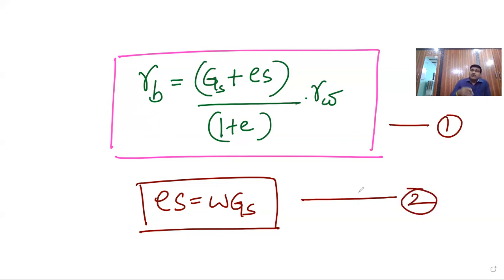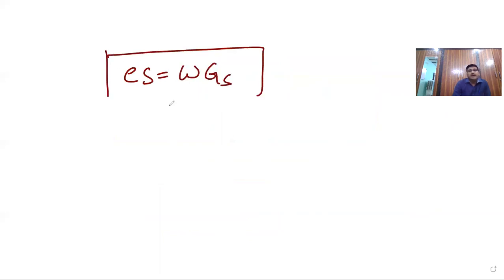If you look at the data given in the problem, what is given? Specific gravity, GS, and void ratio are given. It says fully saturated and is asking water content. That means the second formula is useful in this context. Clear? Now, we take up eS is equal to omega GS, the formula which is useful out of those two.